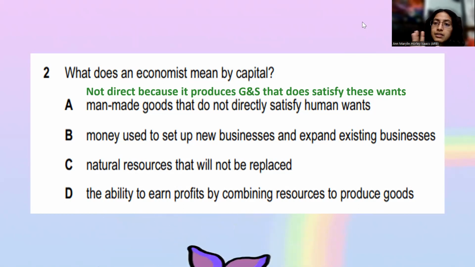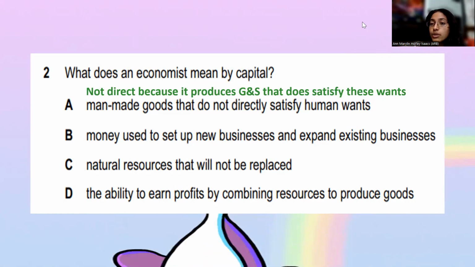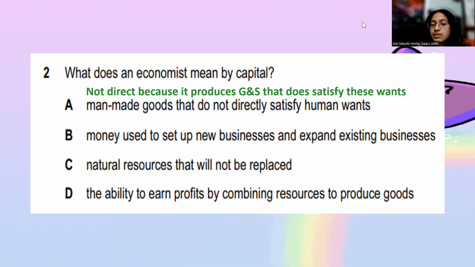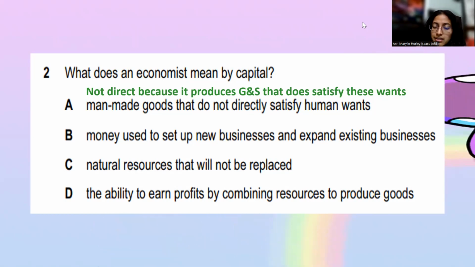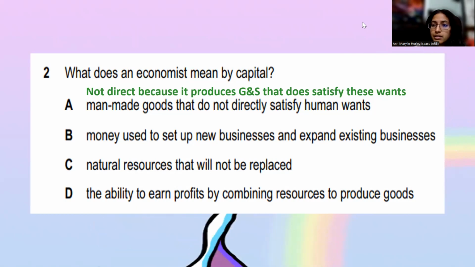Indirect goods, your machinery and equipment that helps you to produce other goods and services. So money can help you to buy these goods and services. Money can help you to buy this laptop, buy the handphone, but it doesn't help you to make the book. You understand?